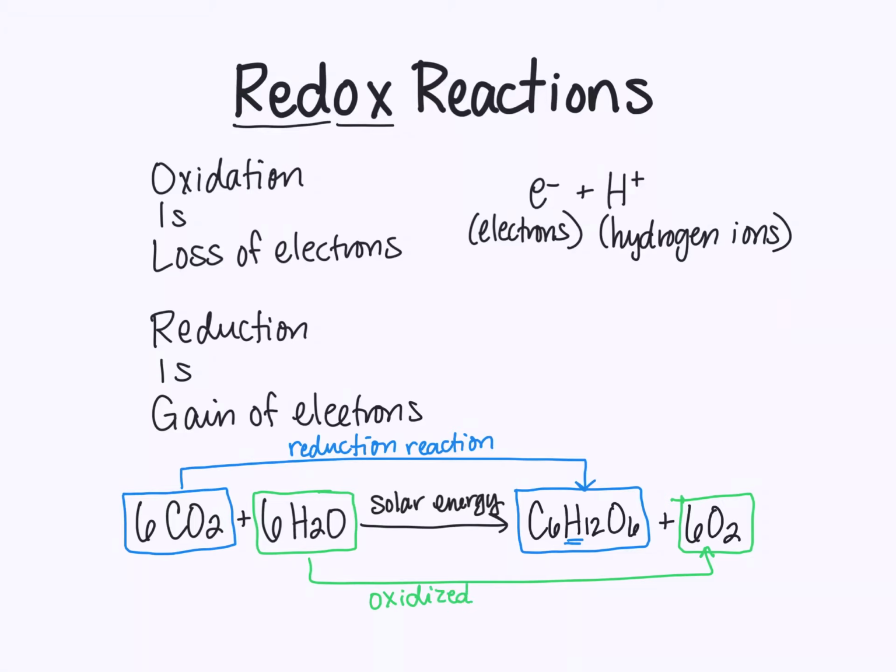All right, so the carbon dioxide goes through a series of these reactions, and in the process, it's going to gain some electrons and hydrogen ions. Meanwhile, the water is going to be oxidized, so it is going to lose some electrons and lose those hydrogen ions. So we can show that we're losing both of those, whereas here we are gaining both of those.